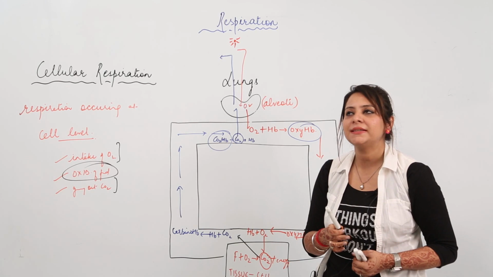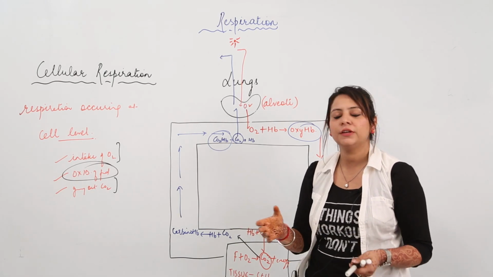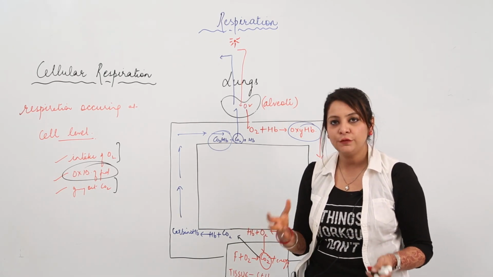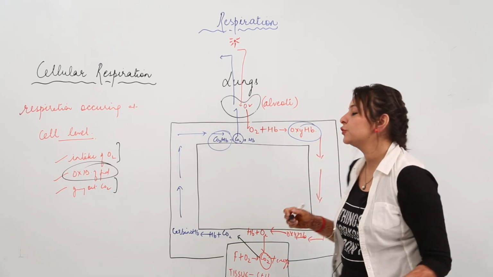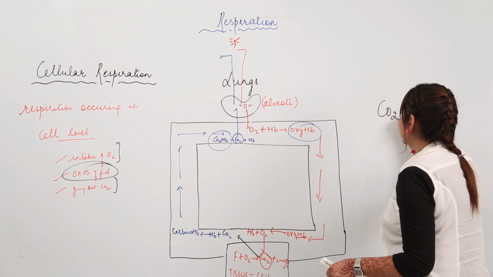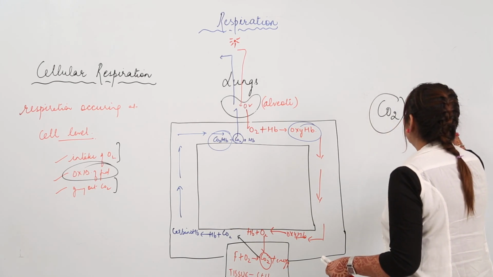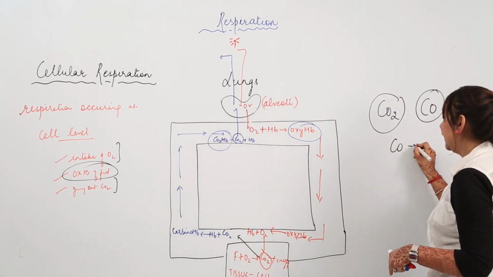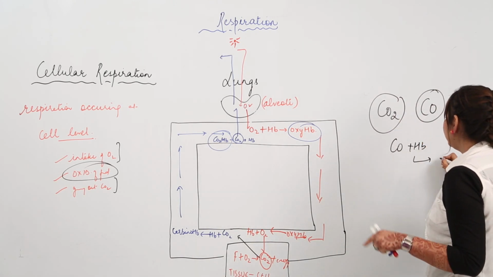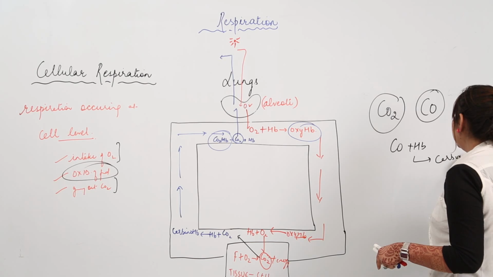But sometimes you must have heard that incomplete combustion of fuel is very dangerous, because instead of liberating CO2, it liberates carbon monoxide. What happens when you inhale this carbon monoxide? Again it combines with hemoglobin, forming a defective complex, that is carboxyhemoglobin.